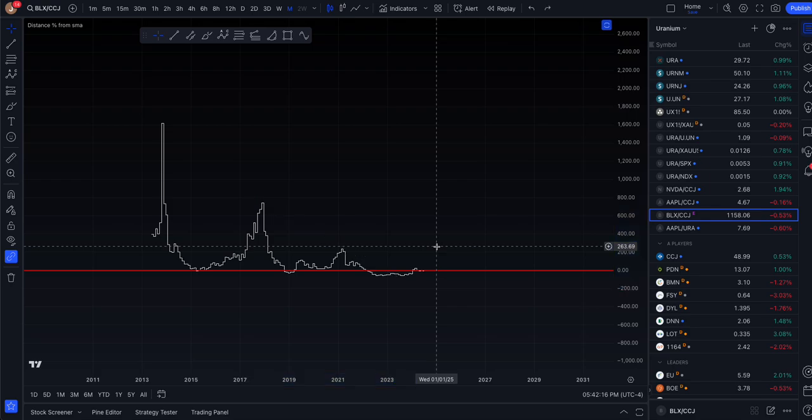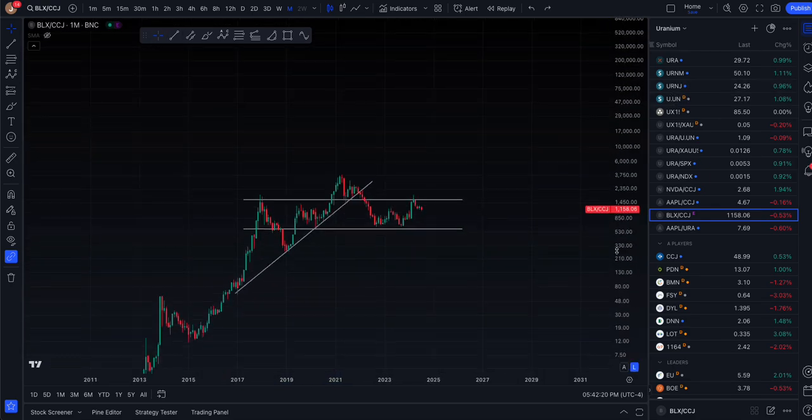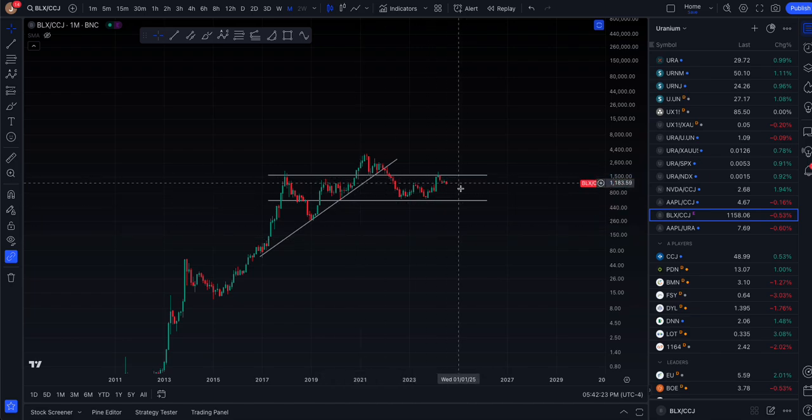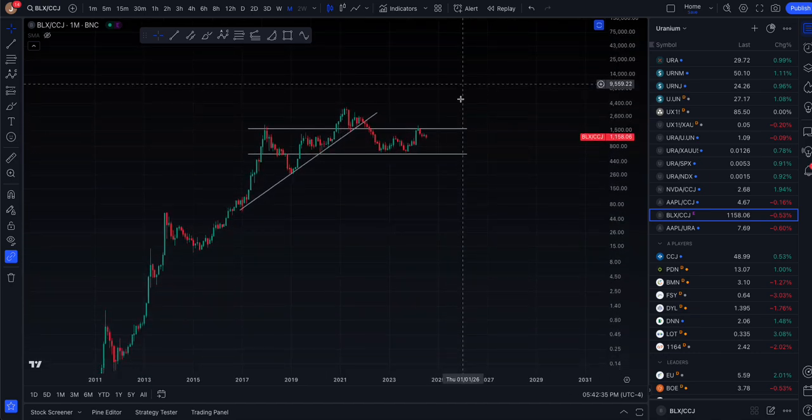Just a series of lower highs. So make of this what you guys want. We're in this range, we're bouncing back and forth. I would say it's either going to go above this range or below this range, right? Right now it's just bouncing back and forth. There's not much to pay attention to. It's just an interesting chart.